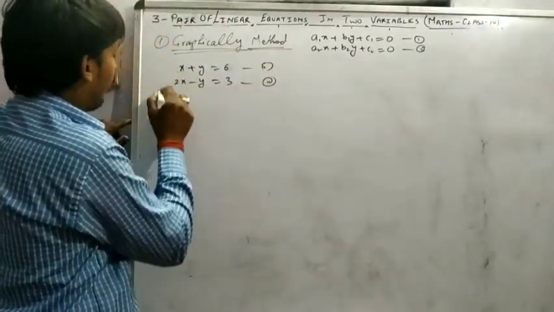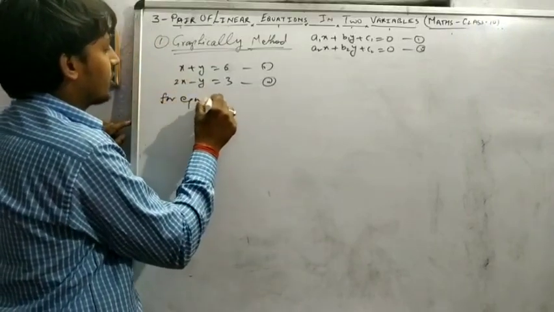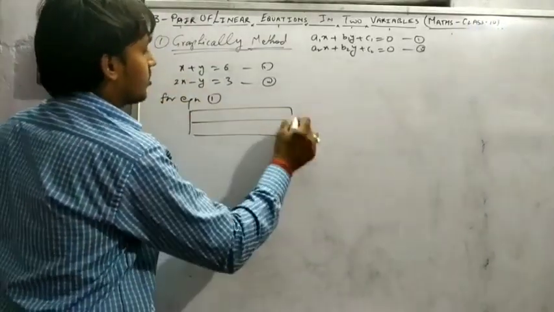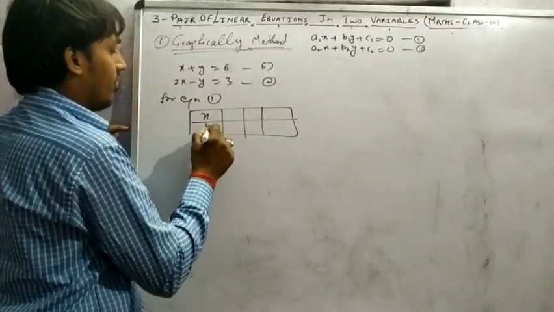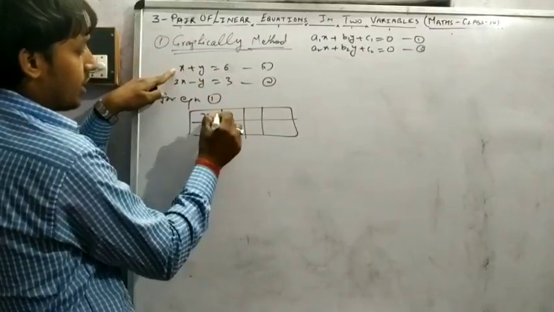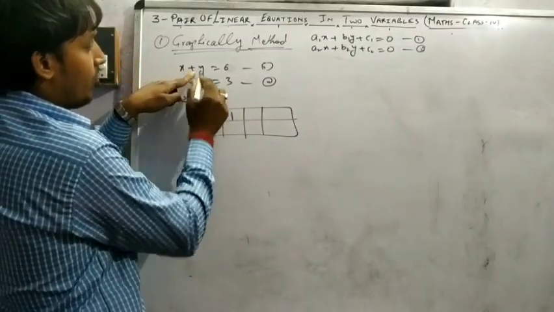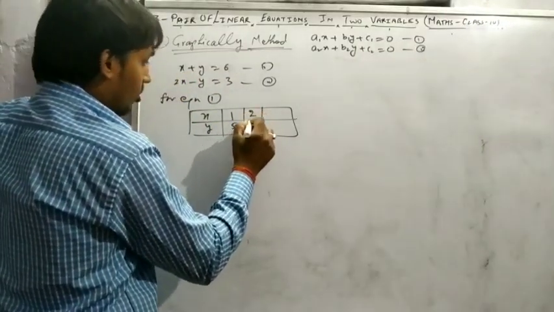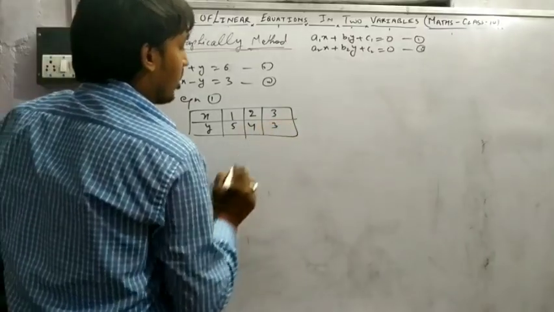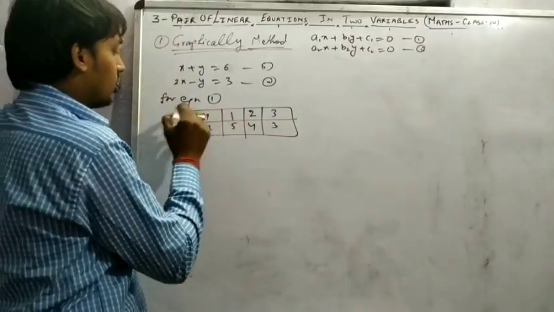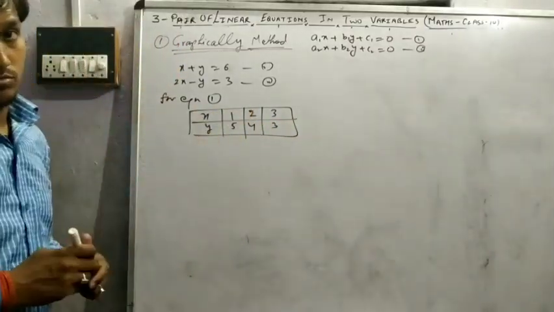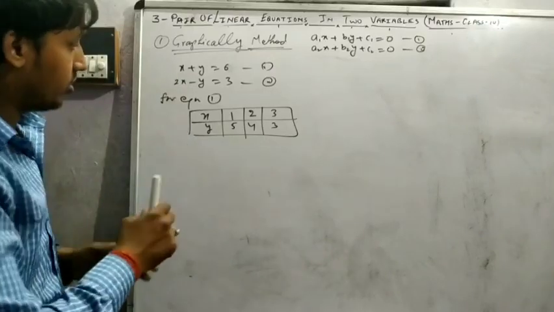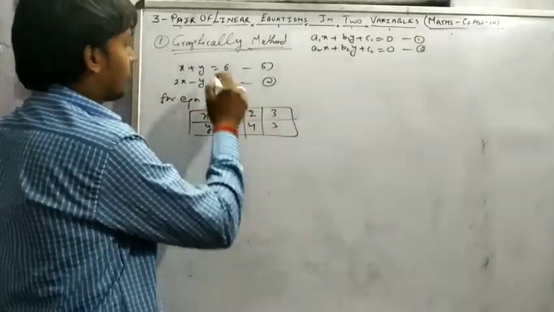For the first equation, make a box with x and y. Take any value of x, suppose 1, value of y 5, suppose 2, 4, 3, 3. In class 9 you learned to find the solution. Remember, for a linear equation you have to get 3 solutions from the first equation.